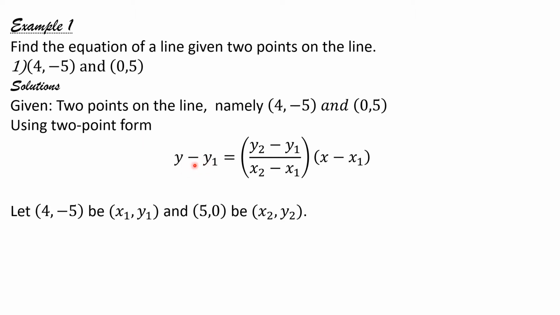So we have y minus y sub 1. Let (4, negative 5) be x sub 1 and y sub 1, and (0, 5) be x sub 2 and y sub 2.